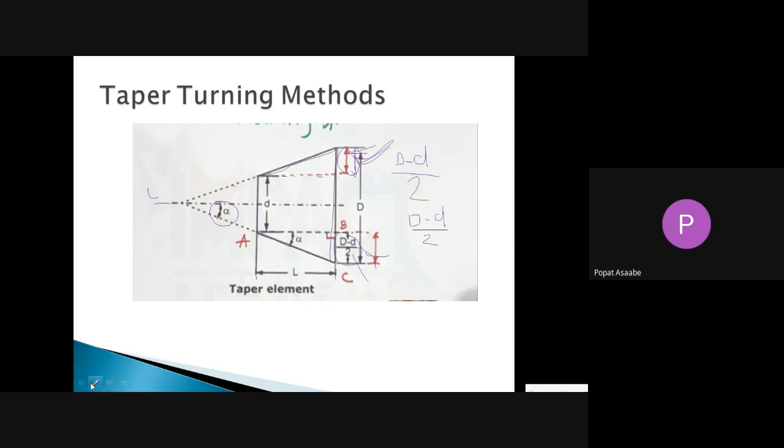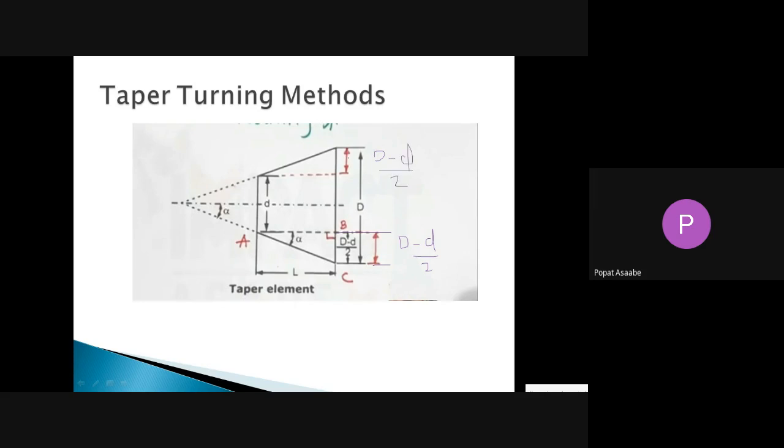Okay, so I have written here capital D minus small d divided by 2. This distance is nothing but capital D minus small d divided by 2, and this distance is also capital D minus small d divided by 2.